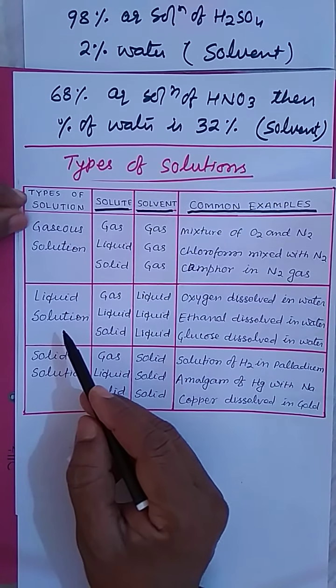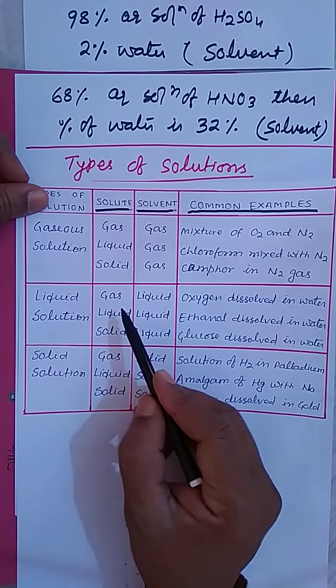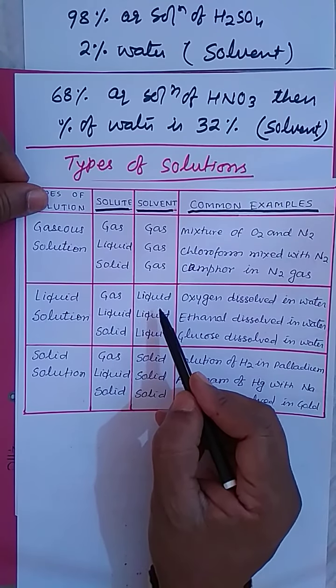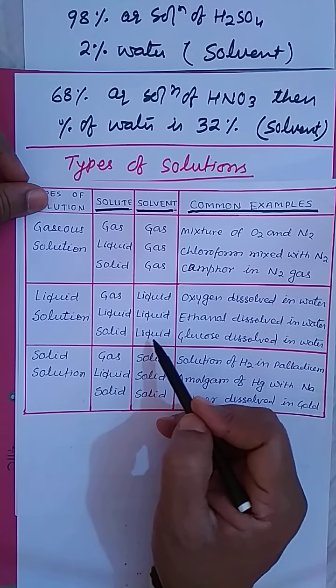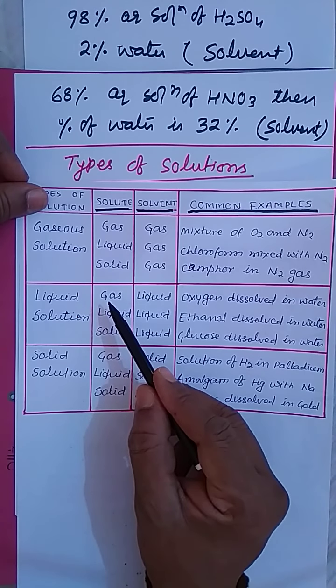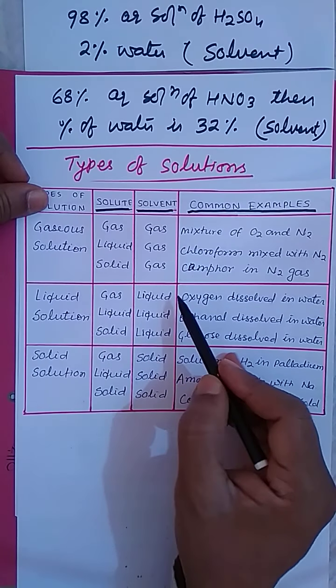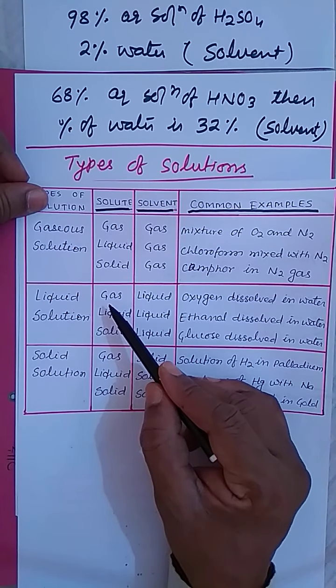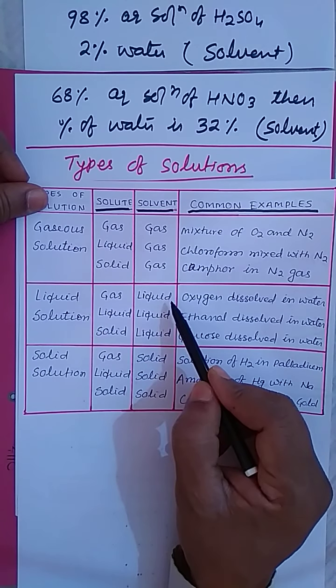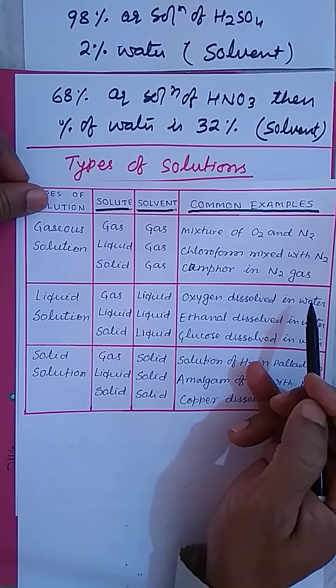Now next one is liquid solution. Solvent must be liquid, and solute may be gas, may be liquid, may be solid. First one is gas dissolved in liquid. This is oxygen dissolved in water.